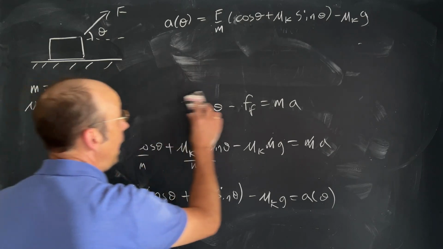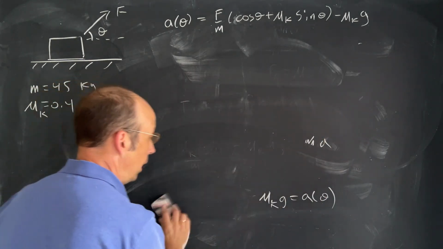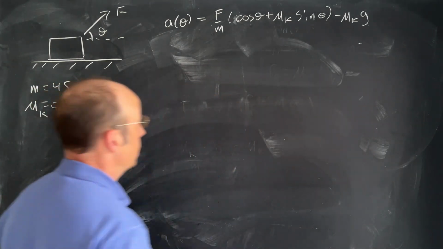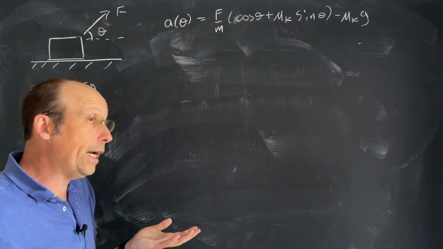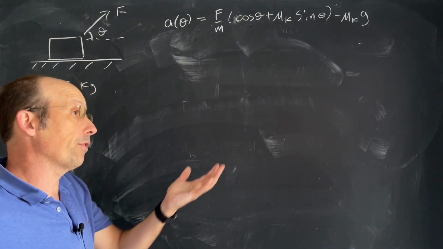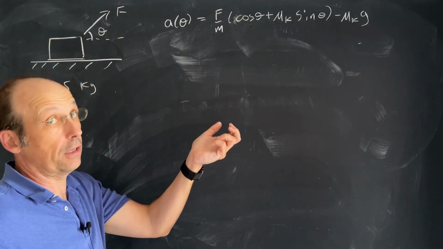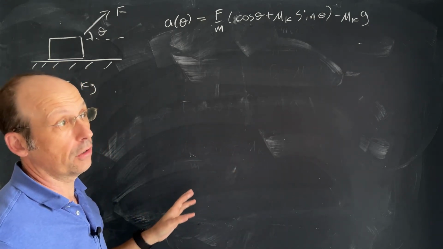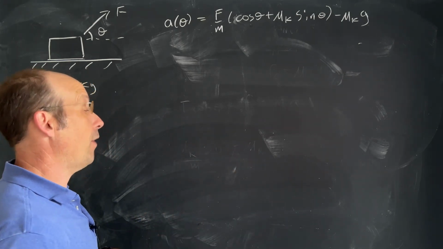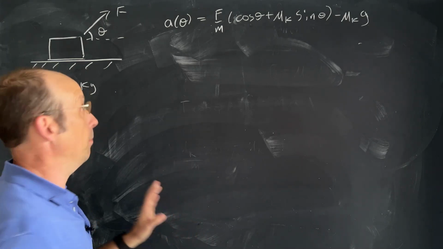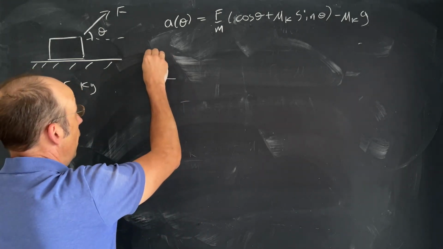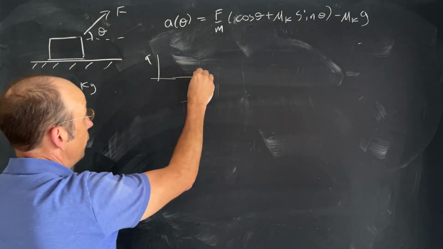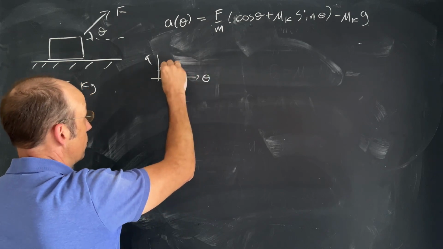Now, what angle could I pull at to give myself the greatest acceleration? Well, we could imagine that as I pull, there's some maximum value of acceleration or minimum. We don't really know for sure, but it's going to be a maximum. And if I want to find the location of that maximum, just imagine that I had a graph of a as a function of theta, and it goes like this.